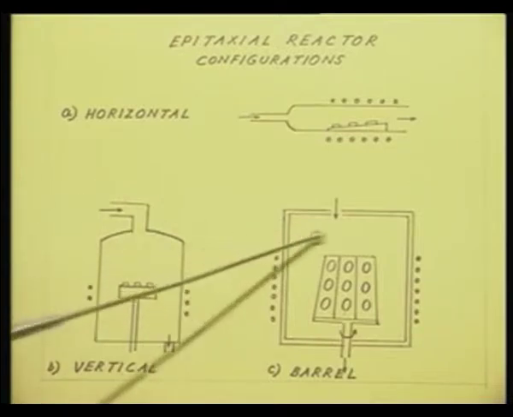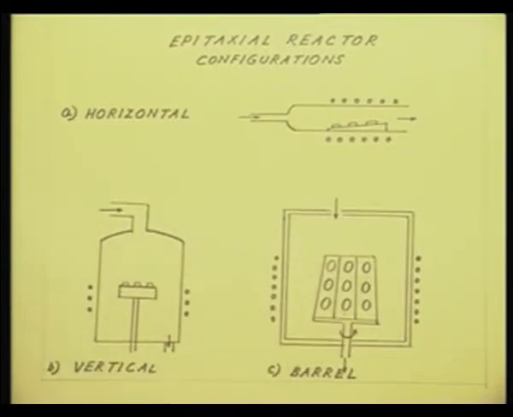In a barrel shaped reactor, this is where you can easily get confused. If you just compare these two figures, the vertical reactor and the barrel shaped reactor, they look very alike. The flow of the gas is like this, but please do not get confused.